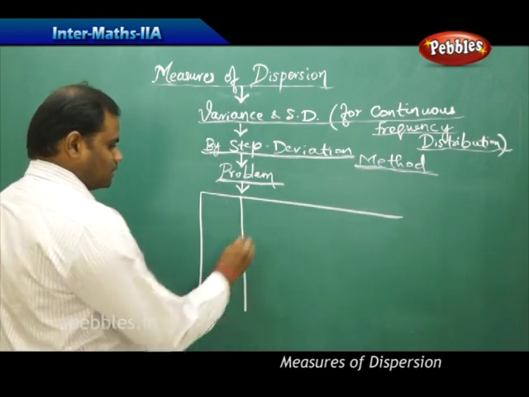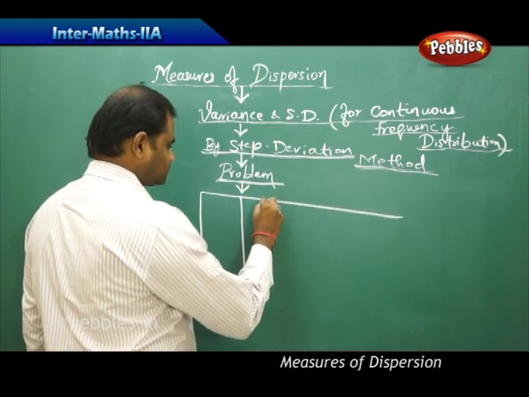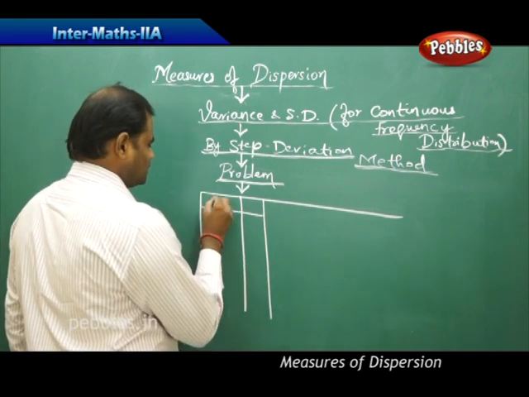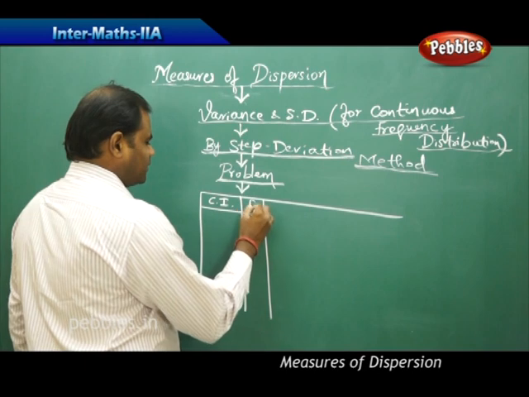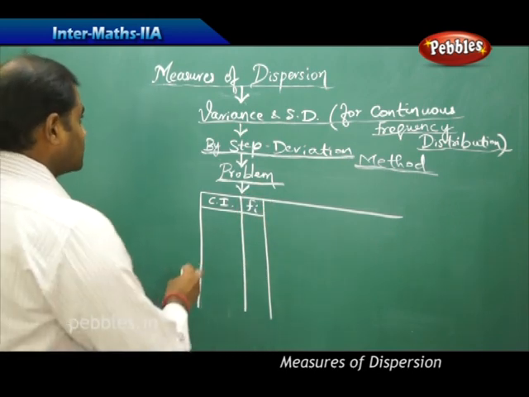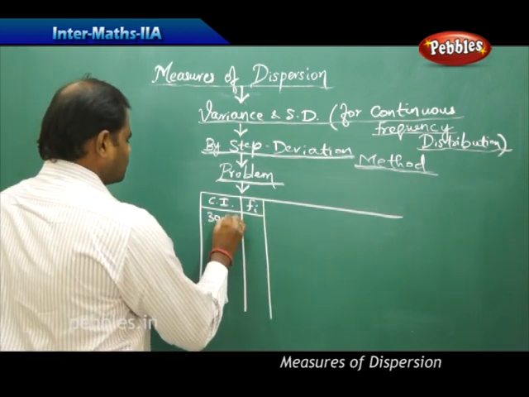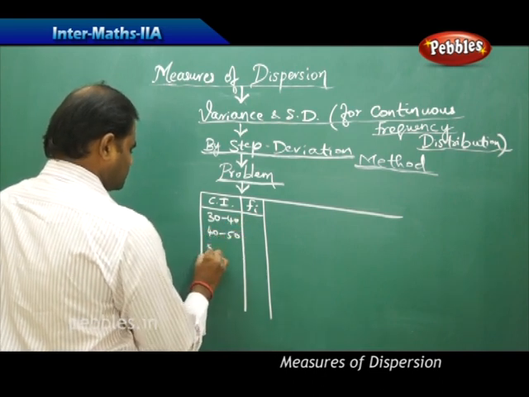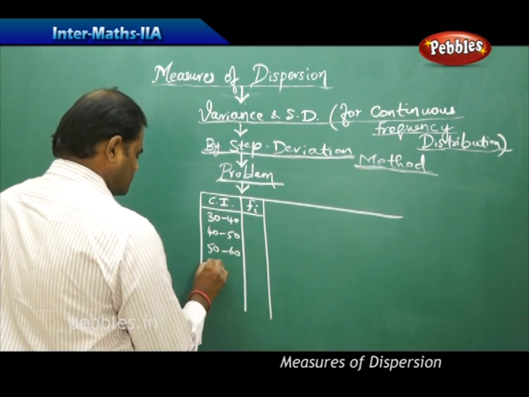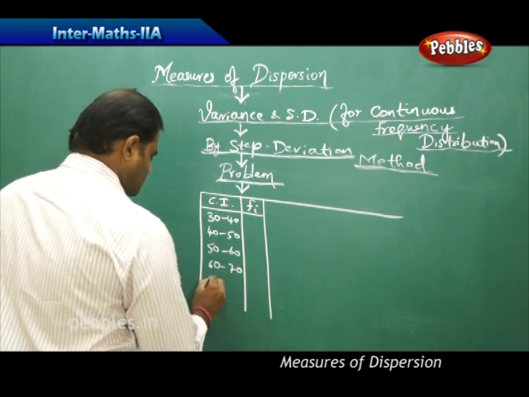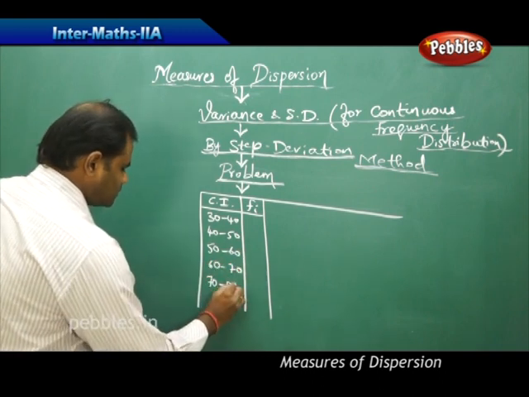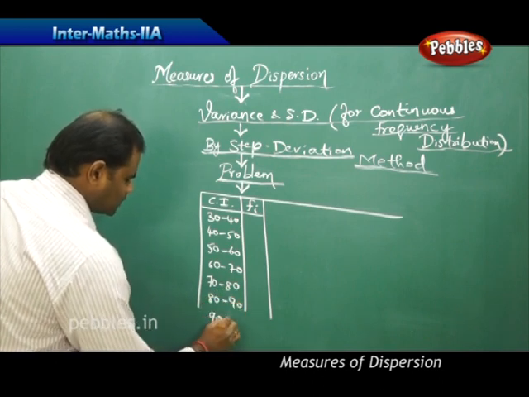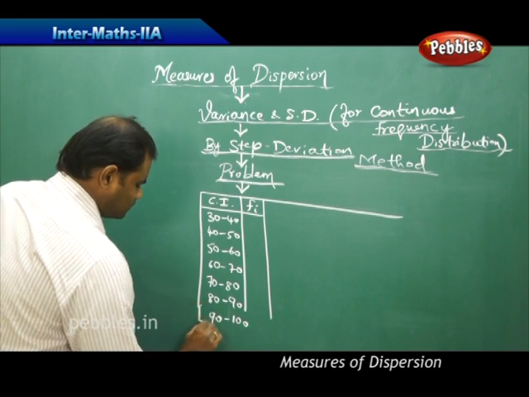Therefore, we have a table of each of the class intervals and the frequencies as given here, starting with 30 to 40, 40 to 50, 50 to 60, 60 to 70, 70 to 80, 80 to 90, and 90 to 100.